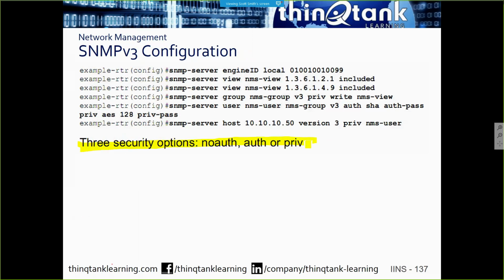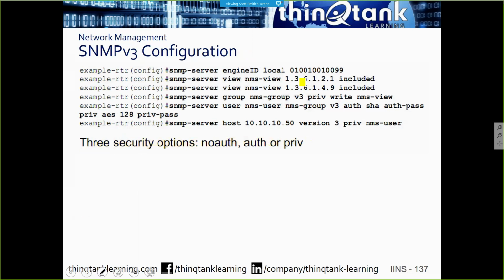Priv, which stands for privacy, means encryption, but you cannot have encryption without also having authentication. So priv is both authentication and encryption. So noauth, no authentication, no encryption; auth, authentication without encryption; and priv, both authentication and encryption. Okay?